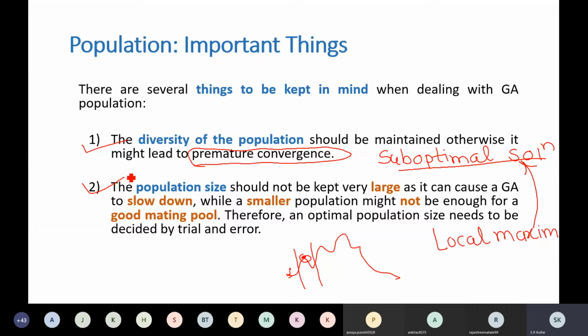A smaller population will lead to finding weaker solutions. If your parent chromosomes are weak, then offsprings will again be weak. So population size should be in between. It should not be too large, it should not be too small.